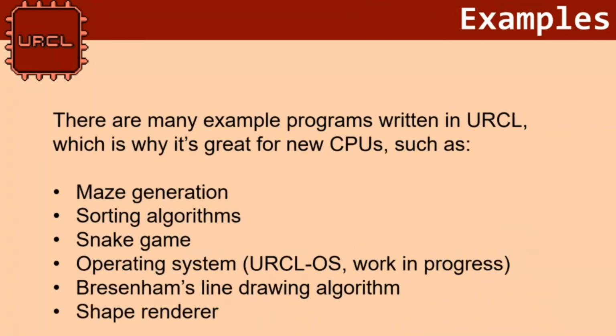There's an operating system in the works. It's not finished yet, but it looks good so far. Some graphical programs, a line drawing algorithm, and a shape renderer. These are all things that are really useful to have when you're going through the debugging process of making a computer.